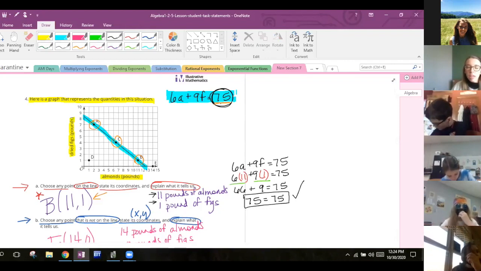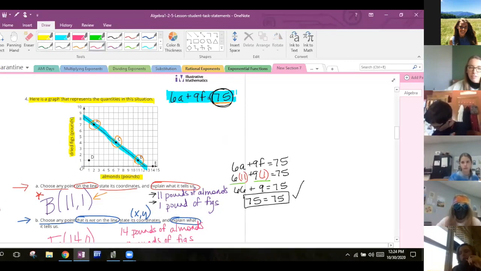Okay, so then we could say that every value that is on the line is a value that makes our equation true. Do y'all agree with that? If it makes our equation true, what's it called? Starts with an S. A solution.